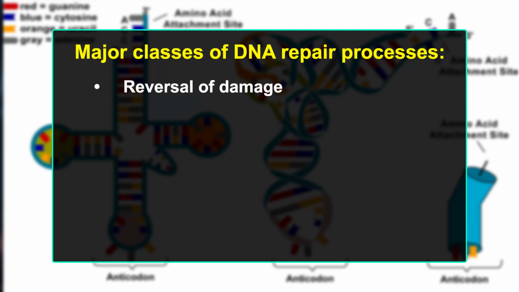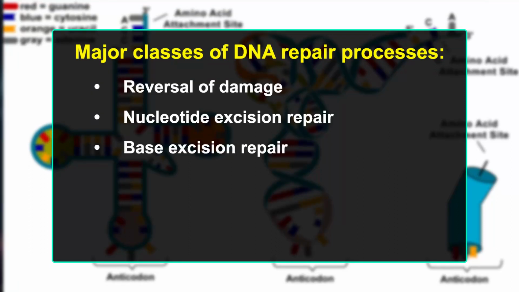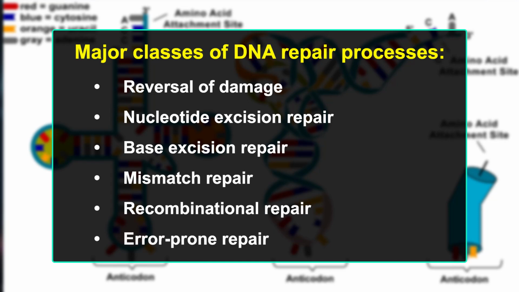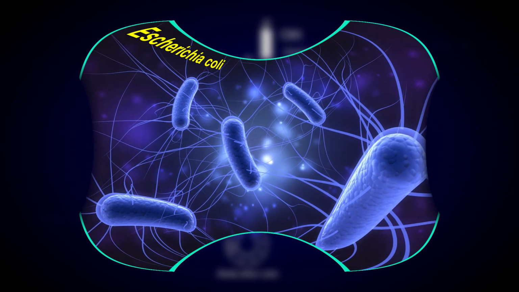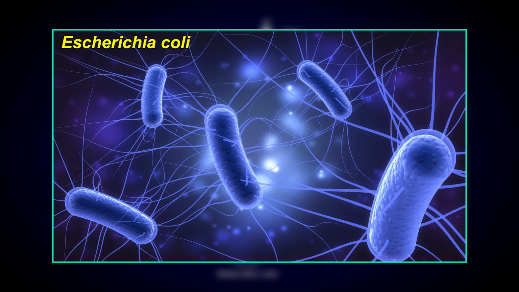These are reversal of damage, nucleotide excision repair, base excision repair, mismatch repair, recombinational repair, and error-prone repair. Many of these processes were first studied in bacteria such as Escherichia coli. However, only a few are limited to this species.